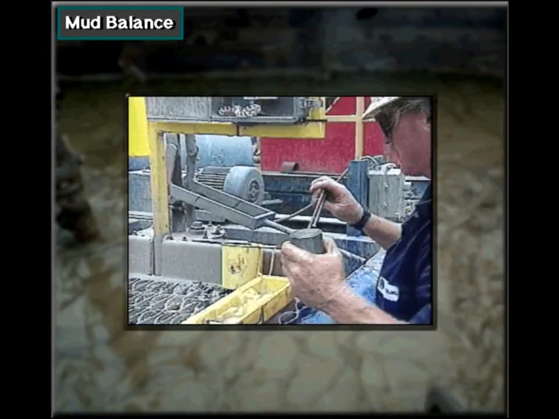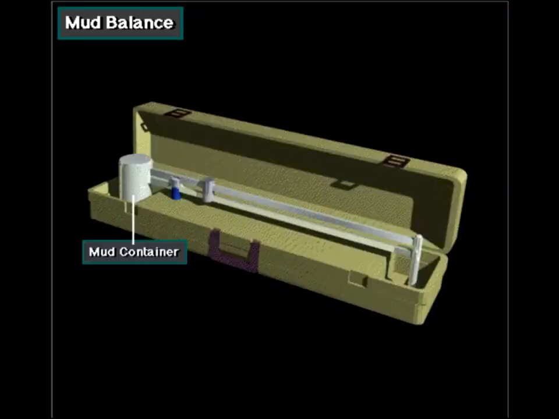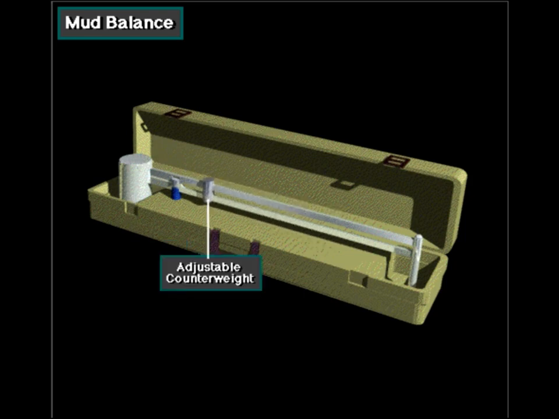To determine mud density, the mud engineer or helper uses a mud balance. The person weighing the mud puts a small amount of mud in the mud container at left on the balance. He then slides the adjustable counterweight to the right or left until the arm balances on the fulcrum.